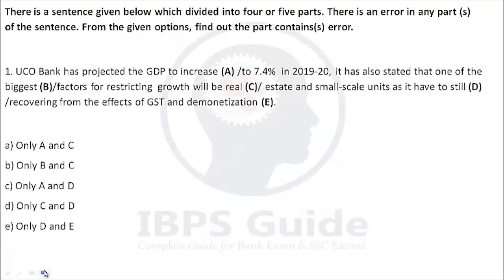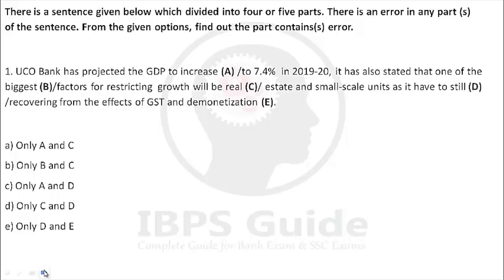There is a sentence given below which is divided into 4 or 5 parts. There is an error in one of the parts of the sentence, and from the given options find out the part that contains the error. The pattern of error questions here is a little bit different. This is one sentence, and it has 5 segmented parts, and they ask this type of options.